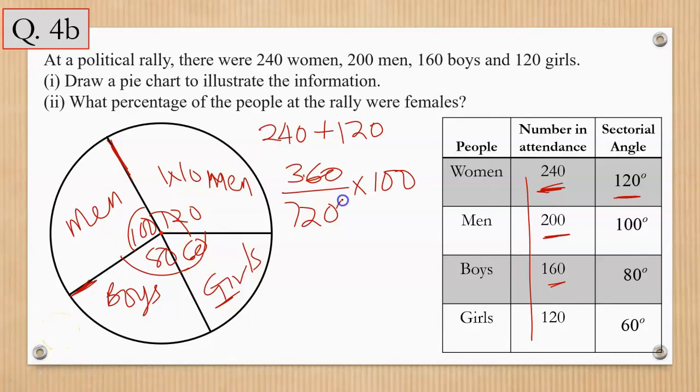Now with a simple cancellation here, we know 360 can divide 720 as 2, because 360 times 2 gives us 720. And so while this one divides here 1 and divides here 2, 2 can also divide itself and divide 100 here as 50. And so our answer becomes 50%. So 50% of the people who attended the rally were females. That is one option.